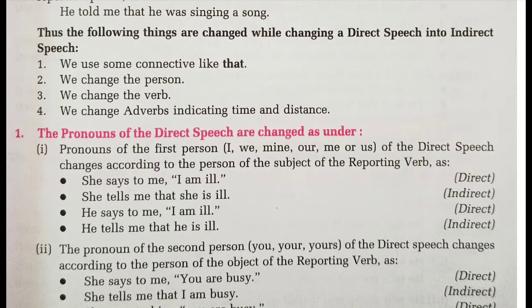So you notice that I has changed into she and am has changed into is, not was, because the reporting verb in the question sentence was in present tense, so everything remains in present tense even after we remove the inverted commas. Look at another example.